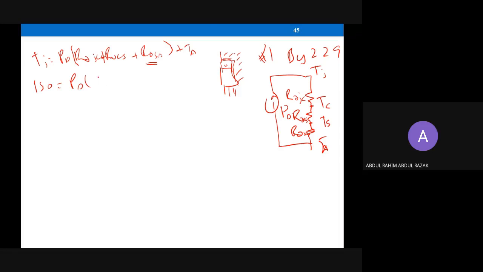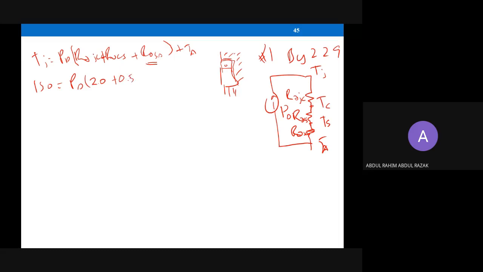RJC, you open your datasheet, first datasheet number 1 at page number 2. R thermal J to mounting base, that is RJC, which is 2.0. RCS, normally we provide, and in generic for the thermal pad we use 0.5.